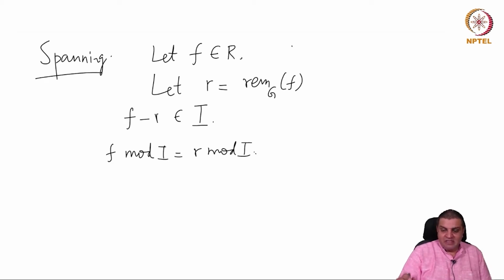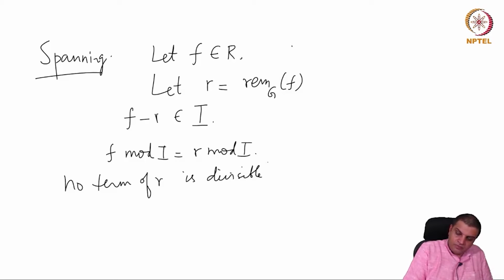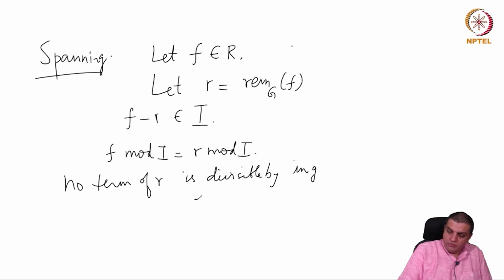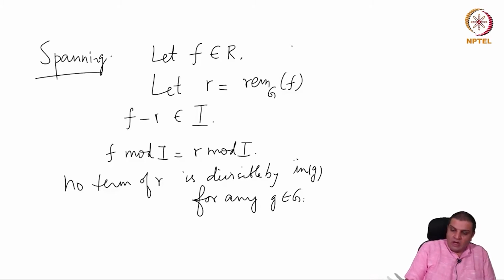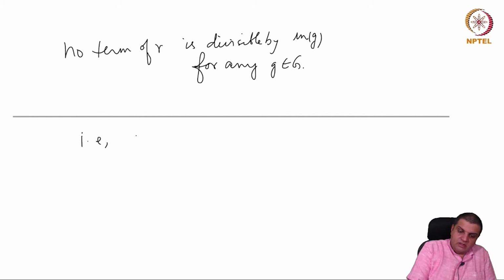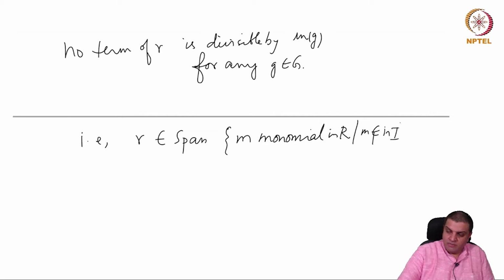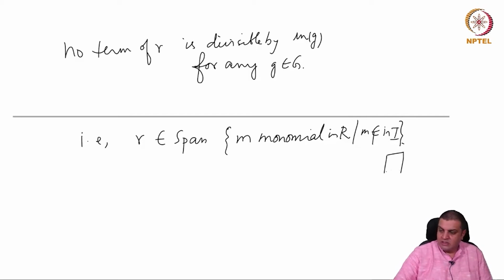No term of r is divisible by the leading term of any g in G. In other words, r is in the span of the set of monomials M in R with M not inside the initial ideal of I. So therefore it spans, and hence the proof is done.